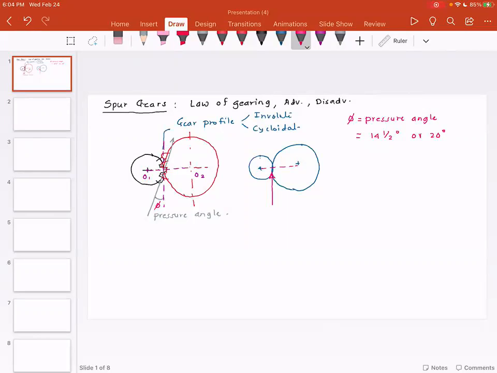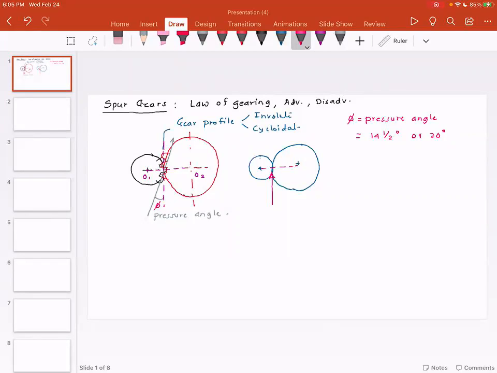And pressure angle is one of the design parameters for the gear, which means whenever you are going to select the gear, you would specify the pressure angle. It is important to note that the pressure angle for driving gear and driven gear have to be the same. You cannot mesh a 14.5 degree pressure angle pinion with a 20 degree gear.